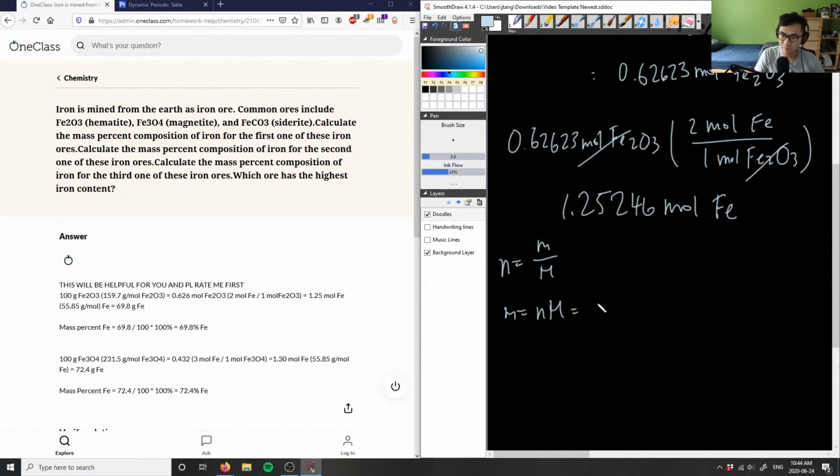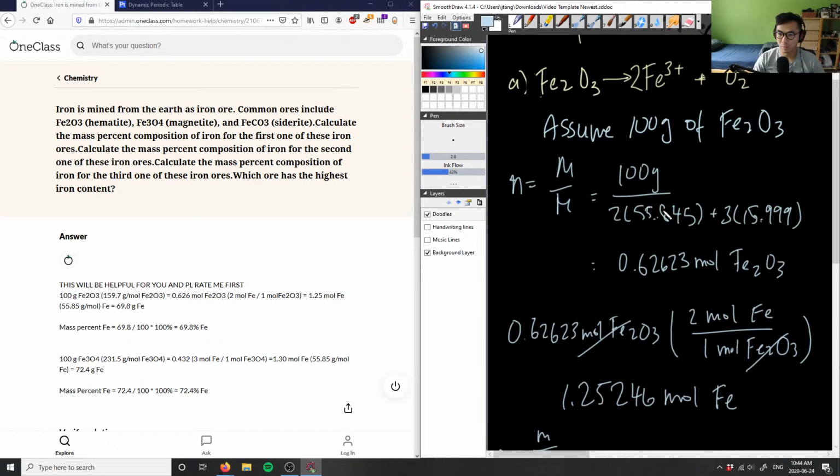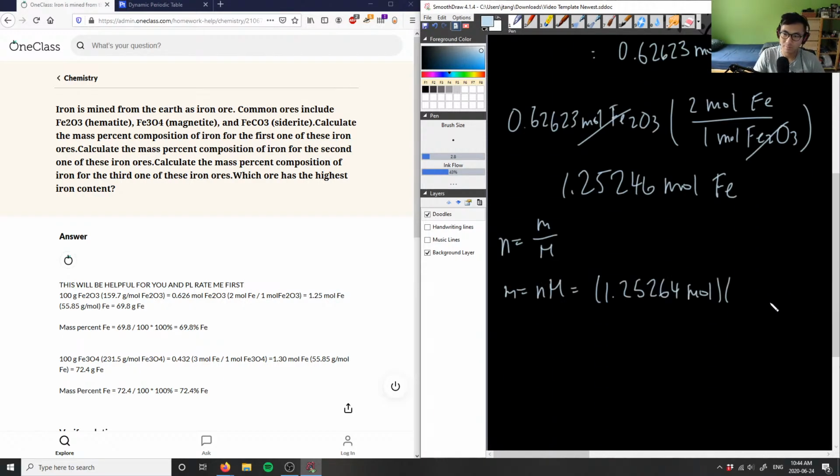So this is going to be equal to 1.25246 moles multiplied by the molar mass of iron, which is what we wrote here, right? 55.845. Moles are going to cancel out, and we're going to be left with grams. So multiply that by 55.845, and we get a value of 69.94.